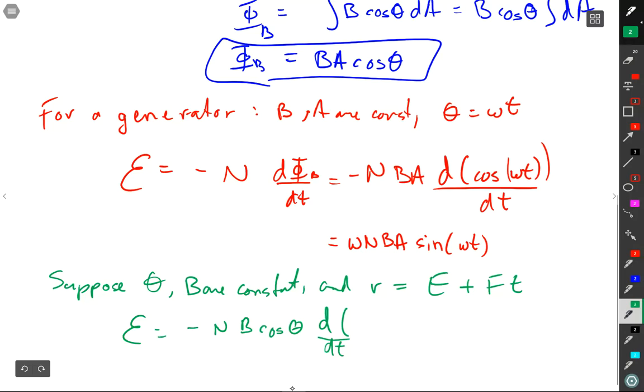And what's going to go here? Is it A? Yes, which is pi r squared.